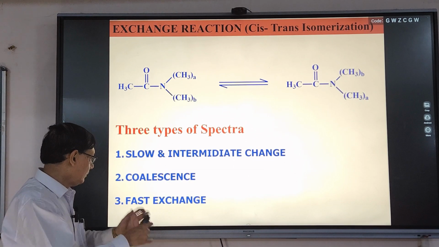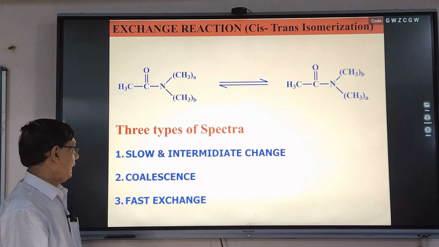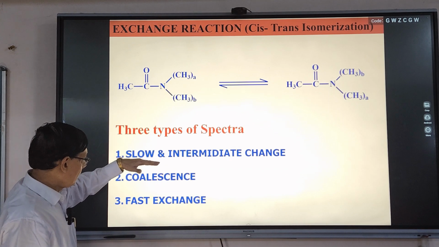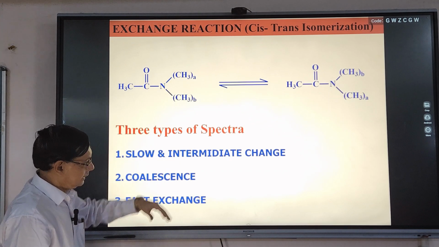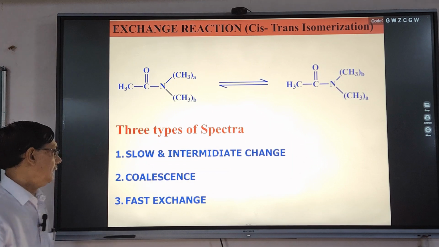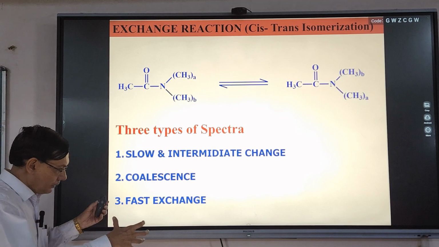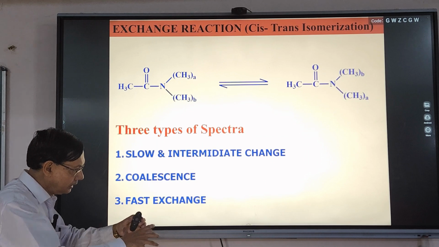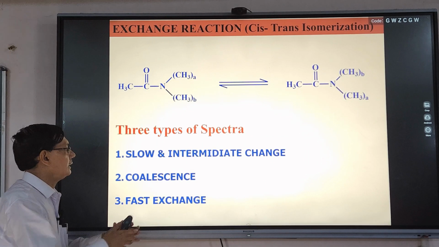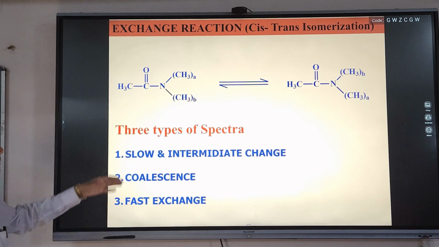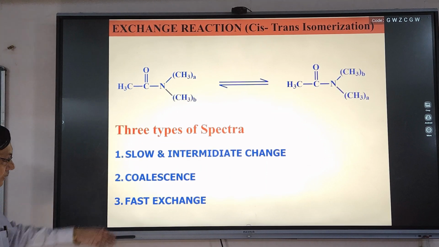Within a fraction of a second, there is exchange. Another is the slow and intermediate exchange. And in between slow and fast, there is a coalescence, meaning mixing of these two, gradually the slow exchange and the fast exchange. So how do we study these three types of behavior?